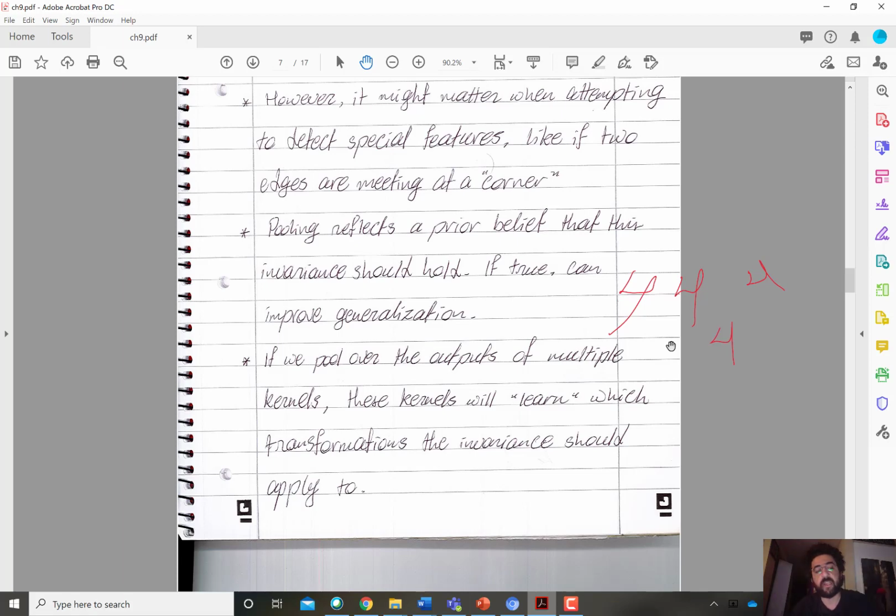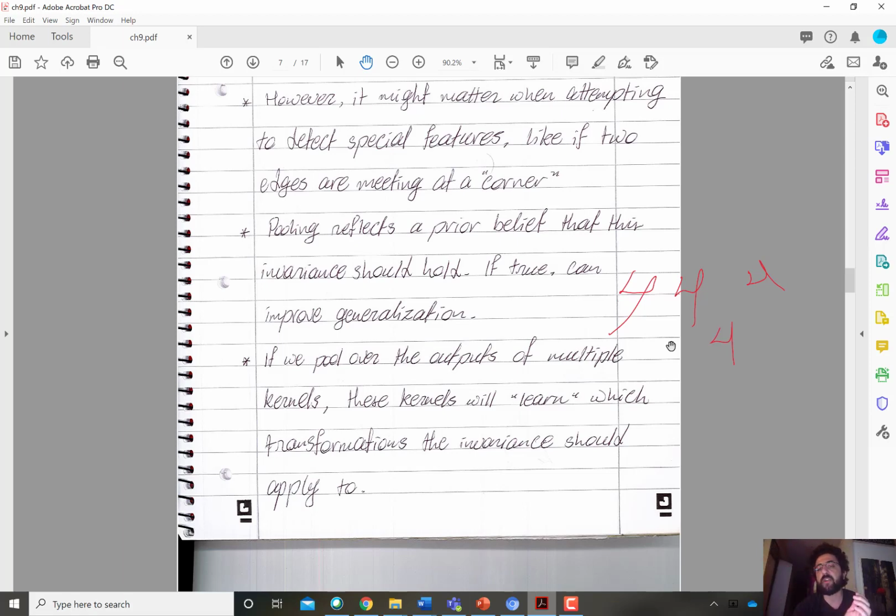So maybe I apply three kernels and do pooling over them. Remember, you have the convolutional stage, these are the kernels, and then the detector stage, which activates when it detects a 4. Let's say the first kernel activates only if the 4 looks straight. The second kernel activates if the 4 is rotated by 45 degrees.